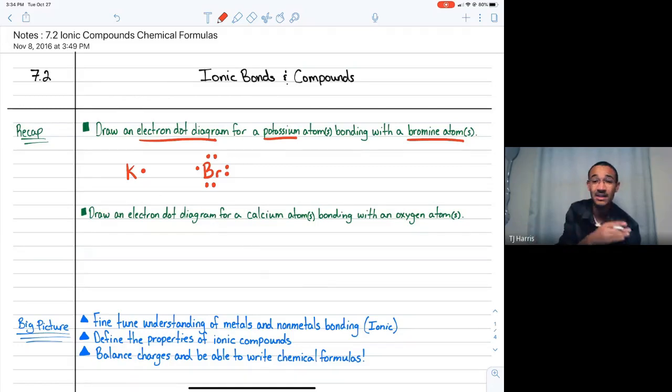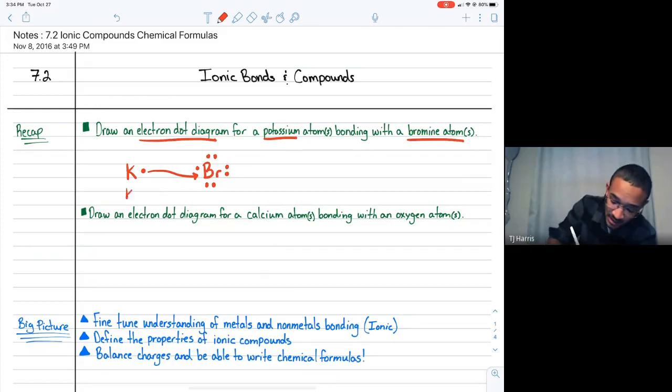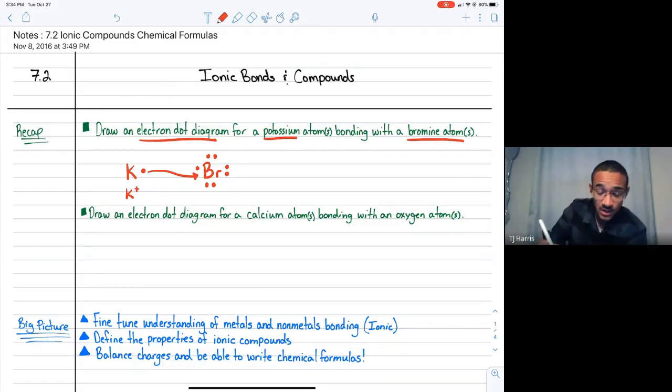We showed that in electron configuration in the last notes. So potassium will actually give this electron to bromine just like that. That's the electron dot diagram. What that forms is now K with the +1 charge and Br with the -1 charge.